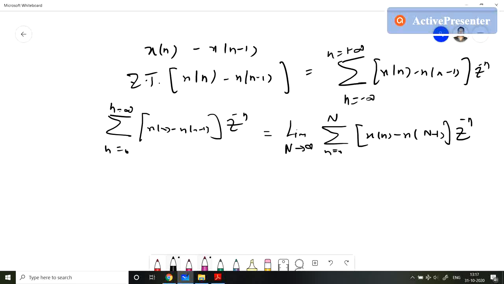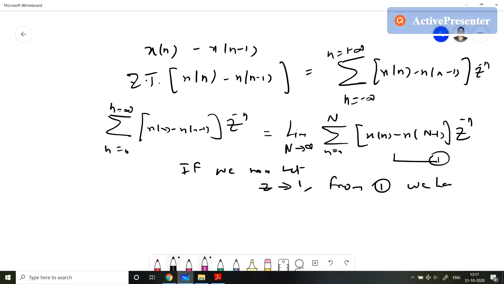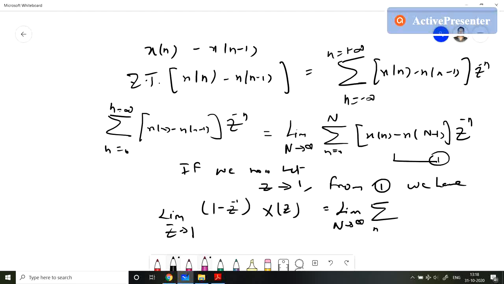Now if we let z tend to 1, then from equation 1 we have limit z tends to 1 of (1 minus z inverse) X(z), and that is equal to limit N tends to infinity summation n equal to 0 to N of (x(n) minus x(n minus 1)).